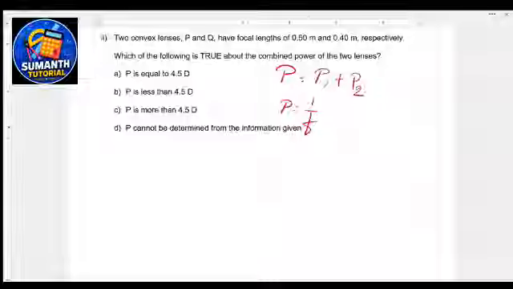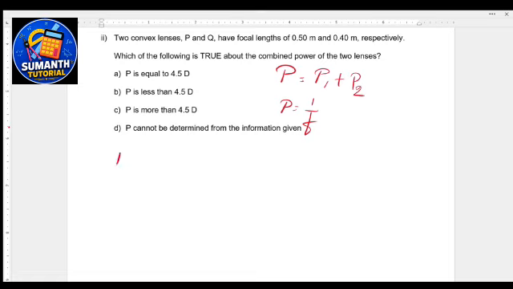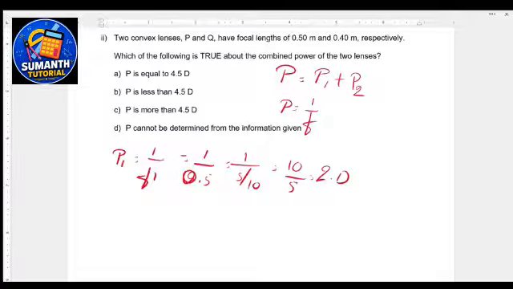Now let me solve here. P1 is 1 by f1, which is equal to 1 divided by 0.5, nothing but 1 divided by 5 by 10, which is equal to 10 by 5, so it is 2 diopter.